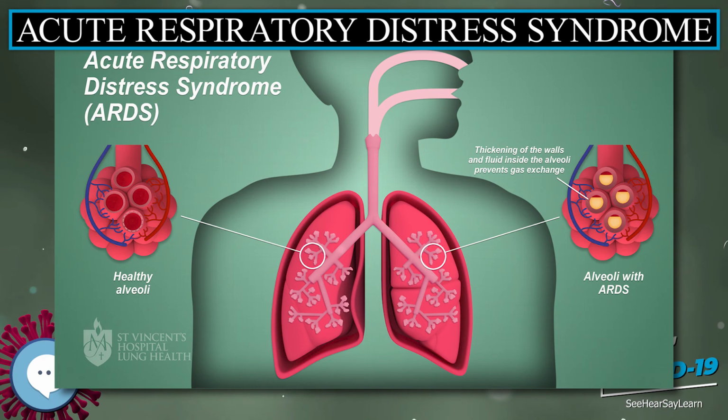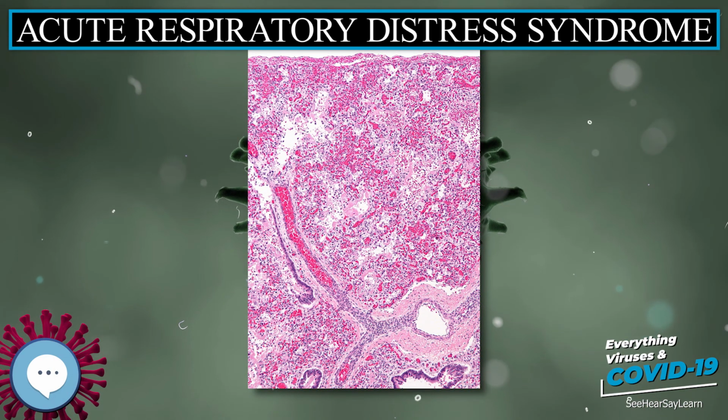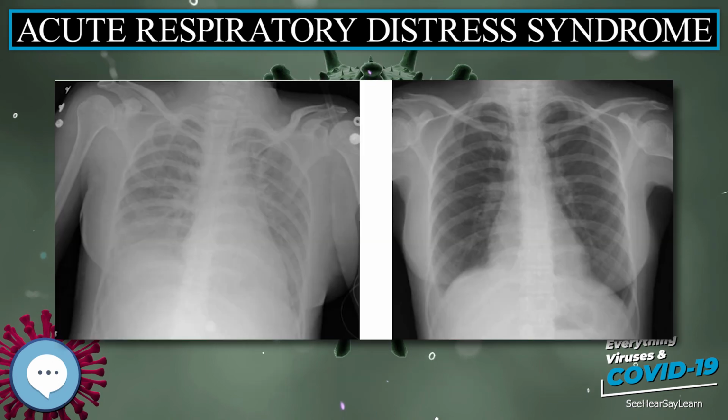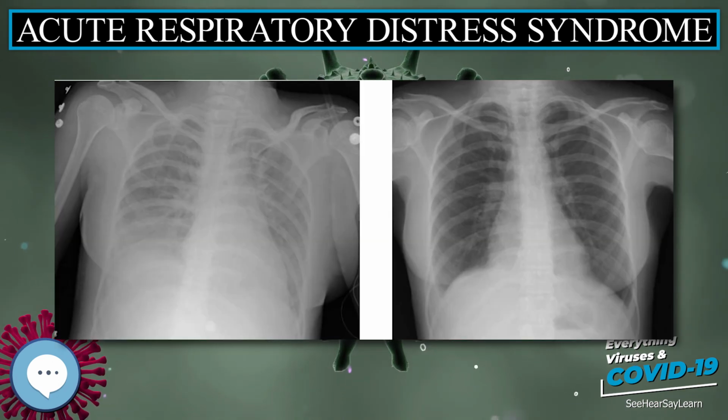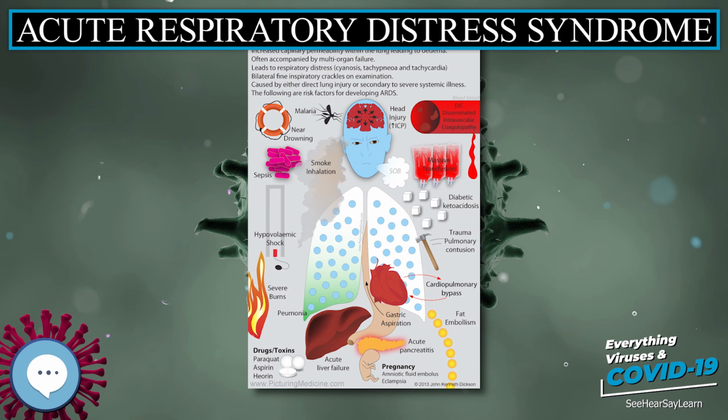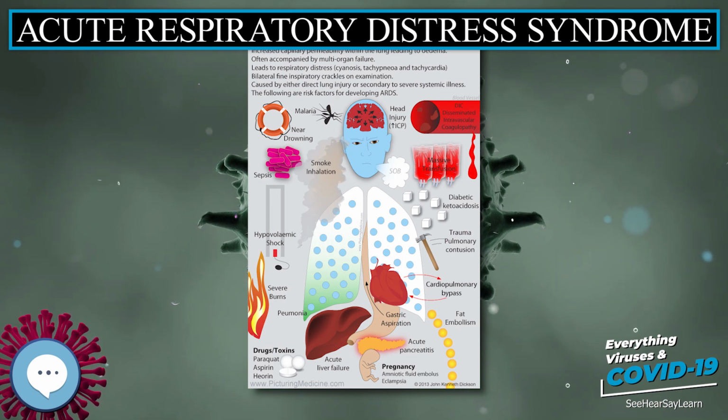The definition required the following criteria be met. If PaO2:FiO2 is less than 300 mm of mercury, 40 kilopascals, then the definition recommended a classification as acute lung injury, ALI. Note that according to these criteria, arterial blood gas analysis and chest X-ray were required for formal diagnosis.